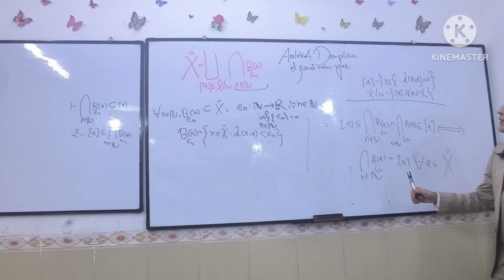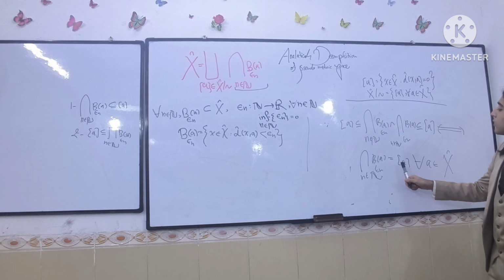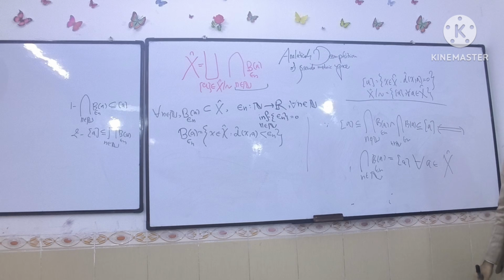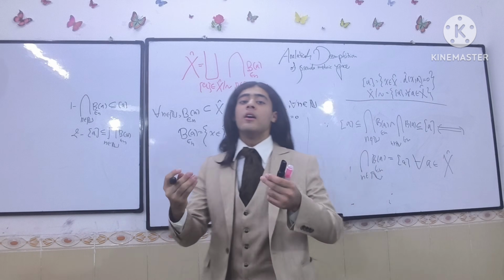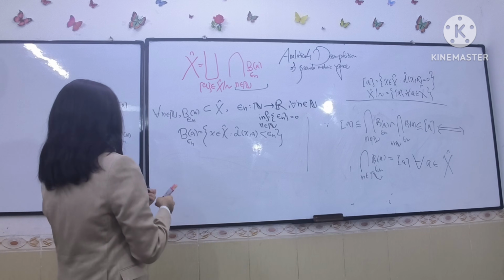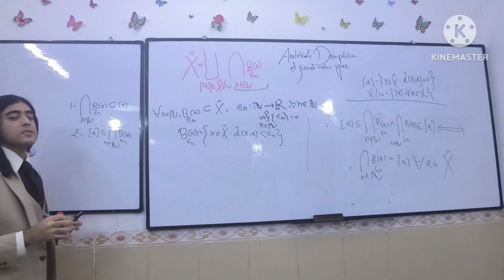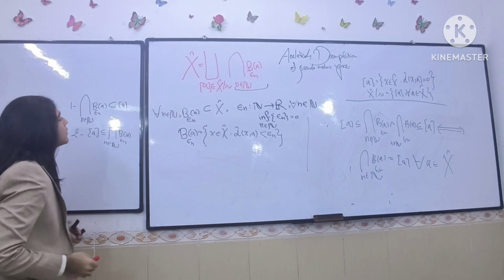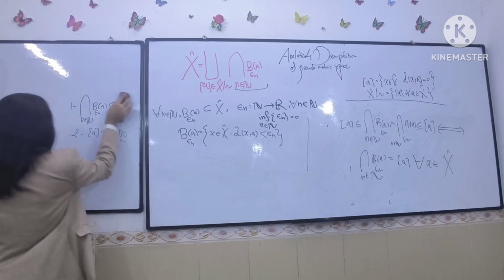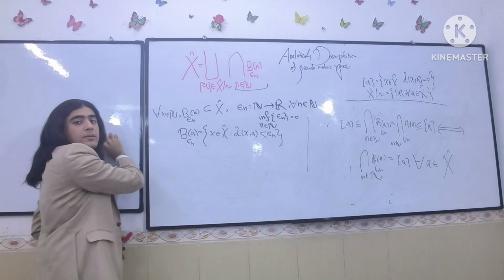That means the intersections are elements or members in the Kolmogorov quotient, so we can define the Kolmogorov quotient. I'll replace these two results with one result.